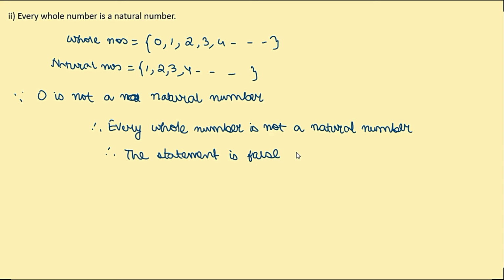Okay. So, next sum is every integer is a whole number. Okay. So, if I talk about integers, integers include both negative integers and positive integers, like if I say -5, -4, -3, -2, -1, 0, 1, 2, 3, 4, 5, okay?